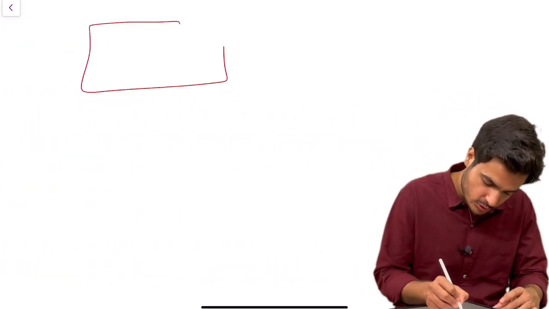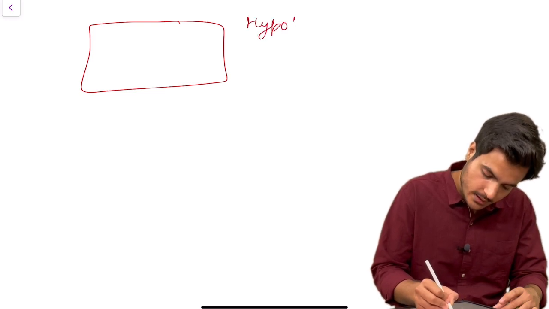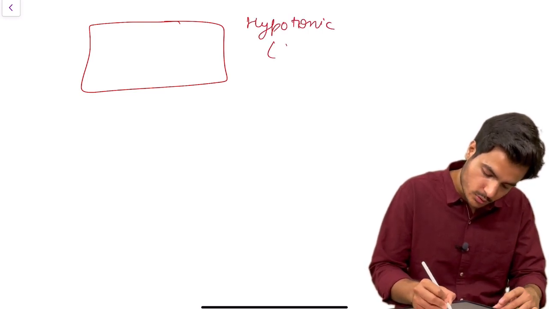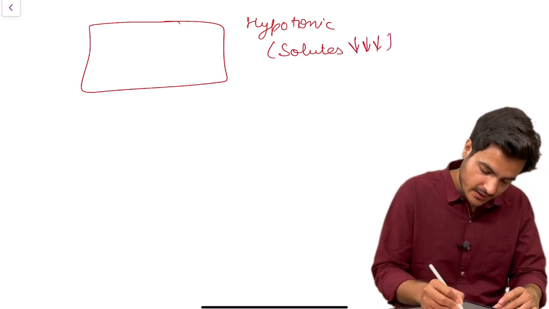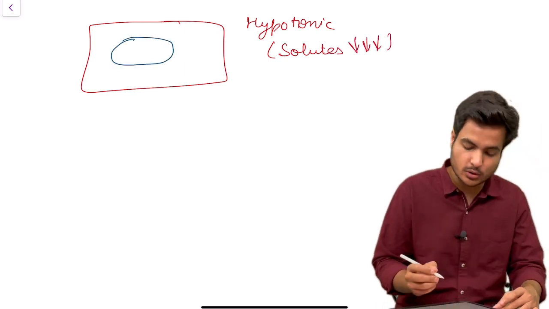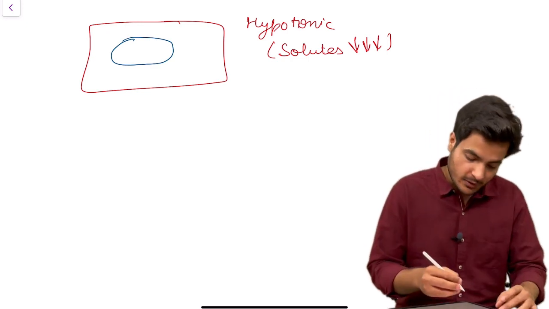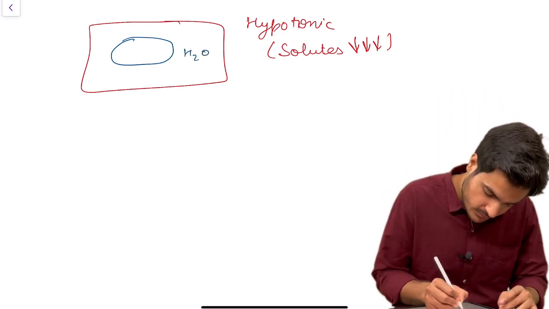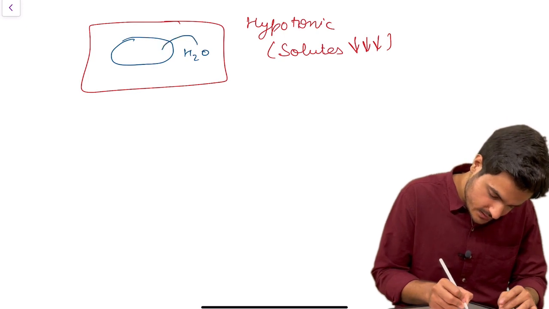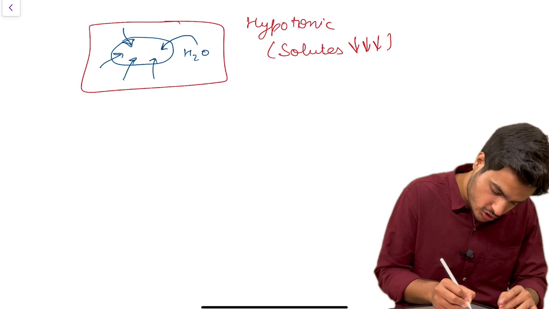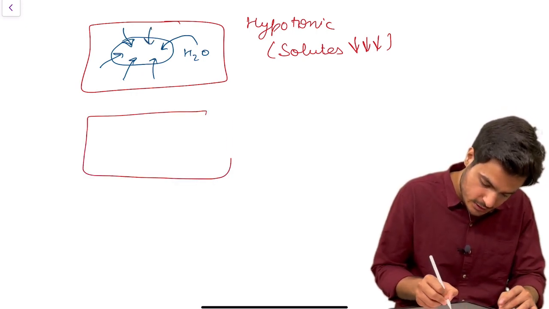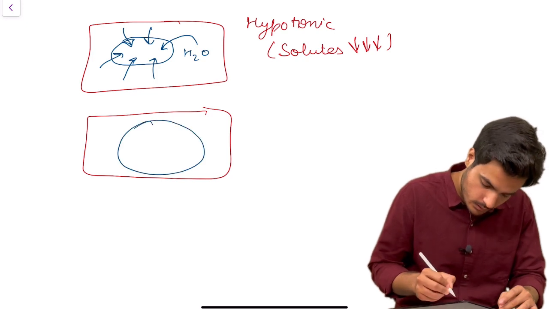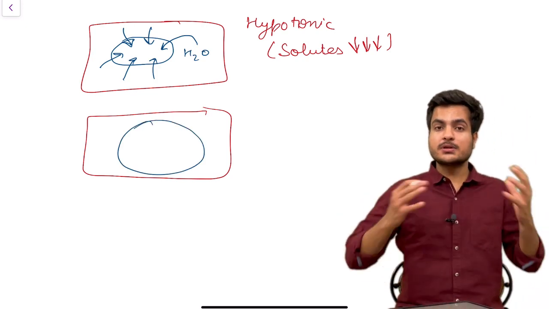If we have a solution which is hypotonic, that means the solutes are less in this solution, and if a bacteria is placed in this solution, what will happen? Water from this solution would pass into the bacterial cell by the process called osmosis, and this bacterial cell would ultimately swell up and ultimately burst open.